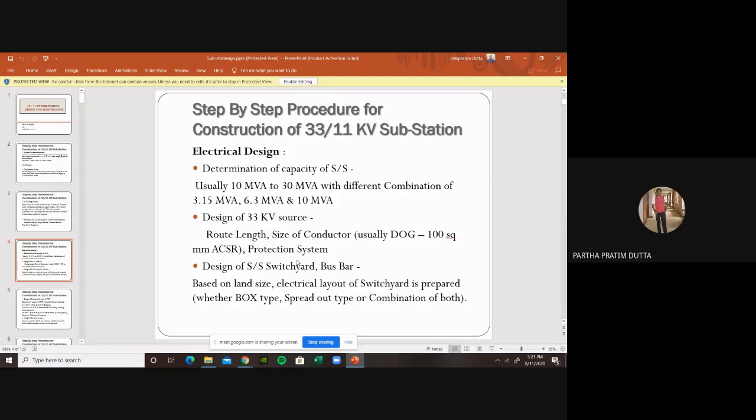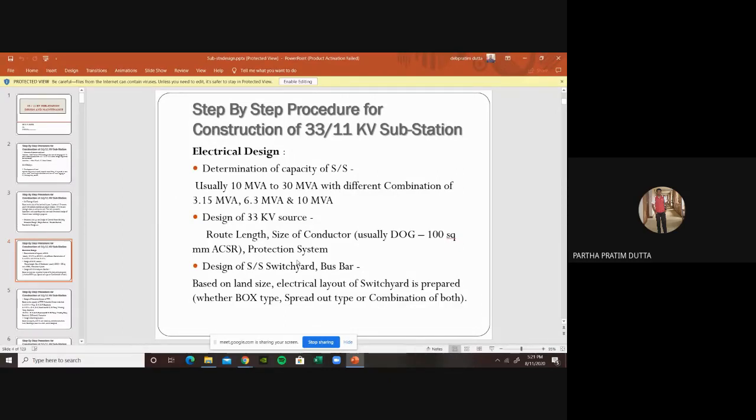But more or less, we emphasize that we don't compromise the route length in such a way that voltage regulation deviates too much. So the route length is designed, along with the size of the conductor. Usually we use the DOG conductor, the 100 square mm ACSR conductor, which has a maximum current carrying capacity of 295 ampere.